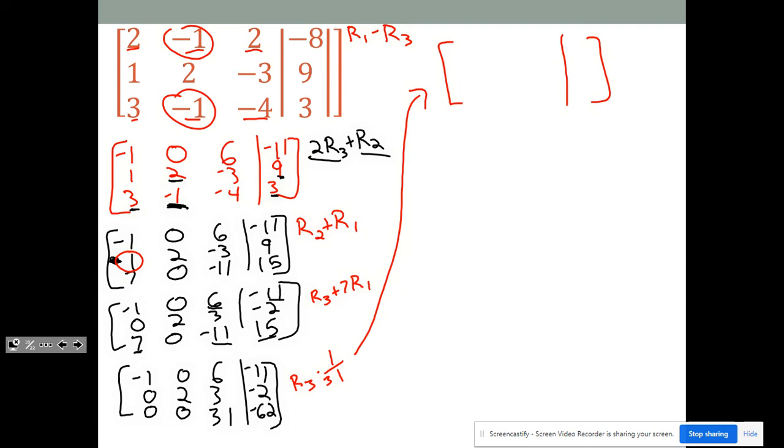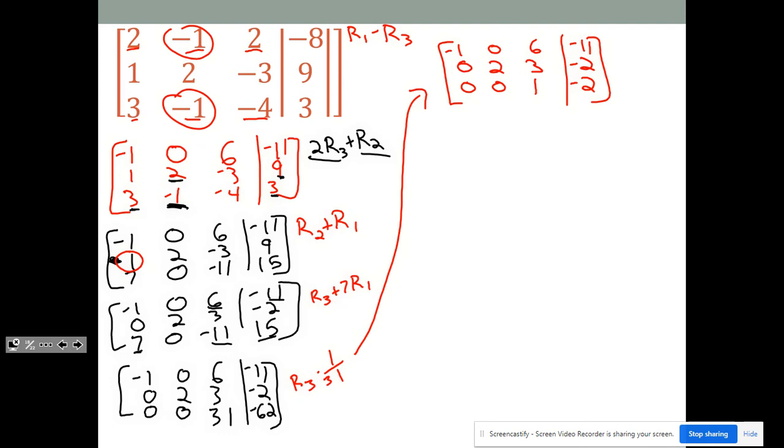Row 1 stays the same. One thing as you're doing these, be careful with copying everything down from the previous step, because I've seen people a lot of times make a mistake just because they left a negative off when they were copying down the table. So, my new row 3, dividing everything by 31, gives me my 1 there, my negative 2 there. Negative 62 divided by 31 would be negative 2.